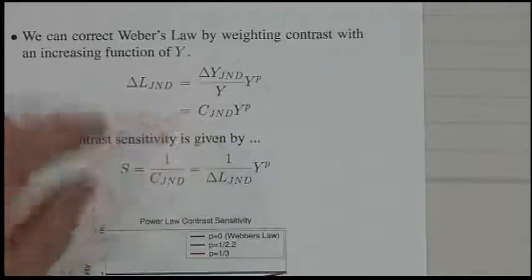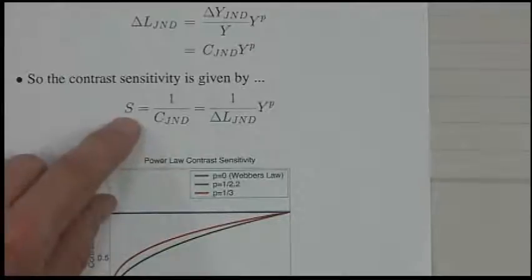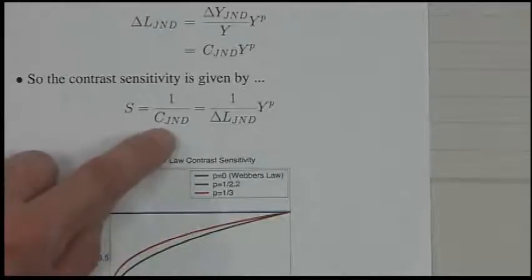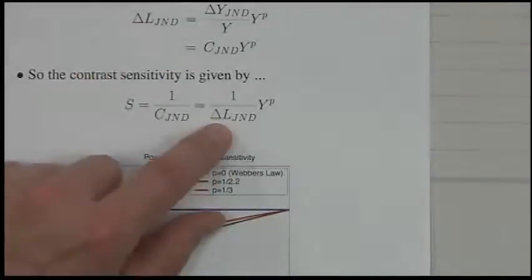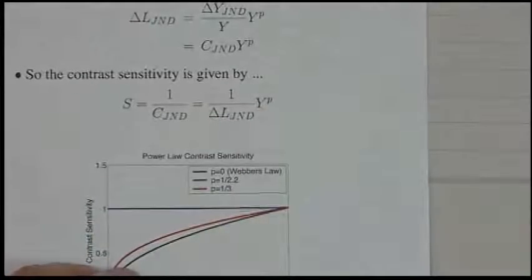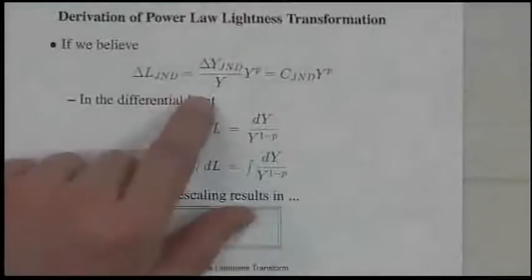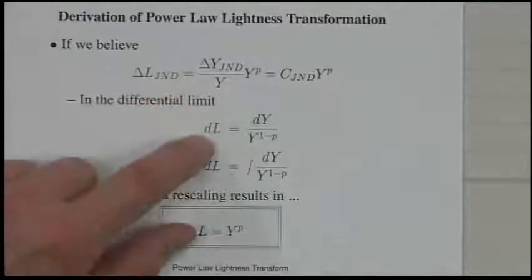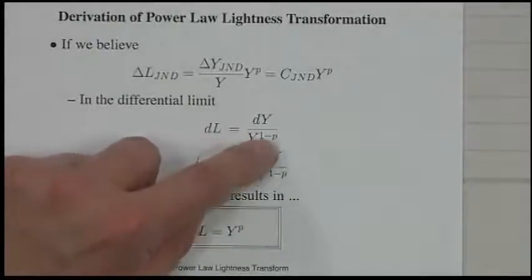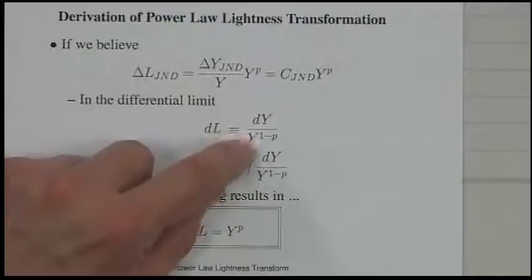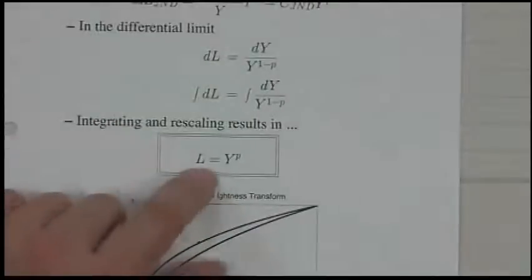Right. That's correct. Anyway, you integrate the equation and you get this. You get that the contrast sensitivity, which is 1 over the just noticeable contrast, is going to be equal to 1 over delta L times y to the p. And then you integrate that, and you get delta L dl equals dy over y times 1 over y to the 1 minus p, and you integrate that, and you get L equals y to the p.